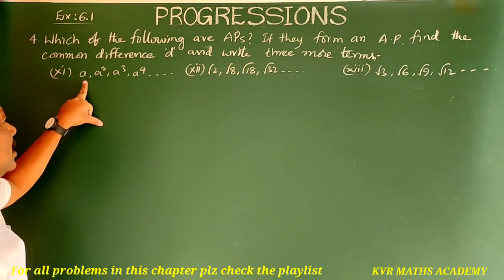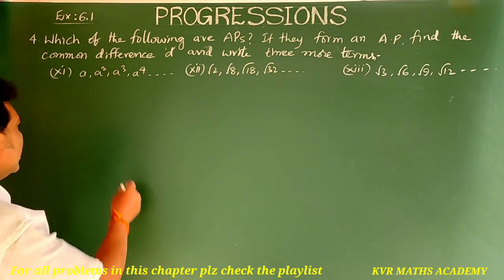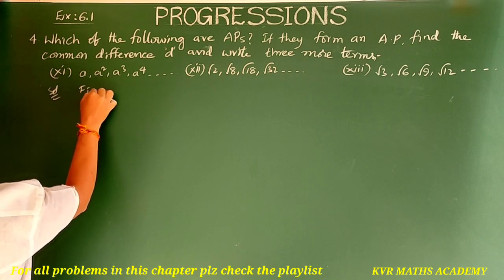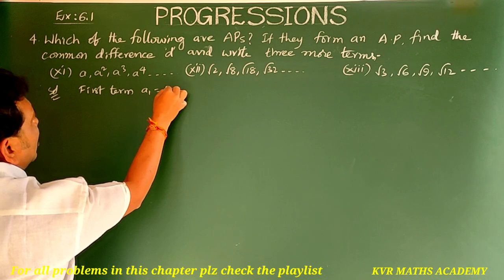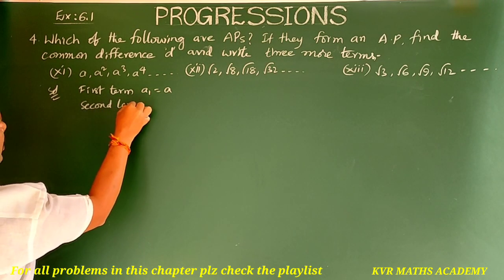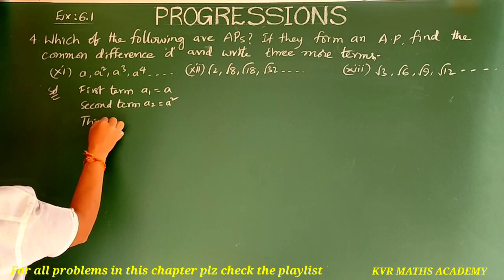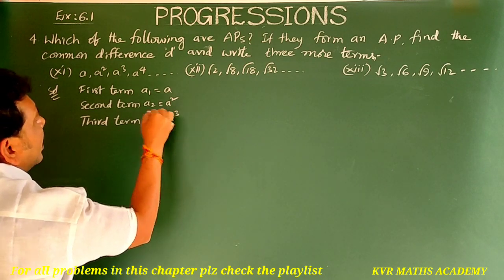Yes, 11th one. a square, a cube, a4 and so on has given the series. Let us find. Yes, first term a1 is equal to small a. Second term a2 is equal to a square. Next, third term a3 is equal to a cube, right?